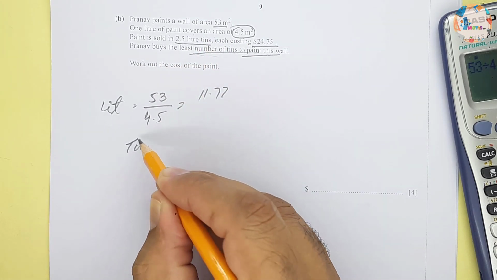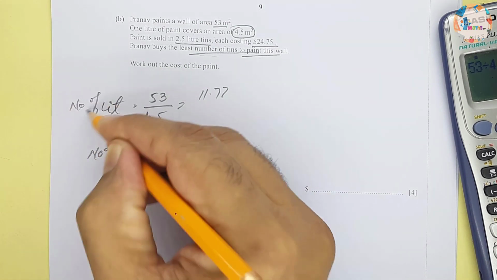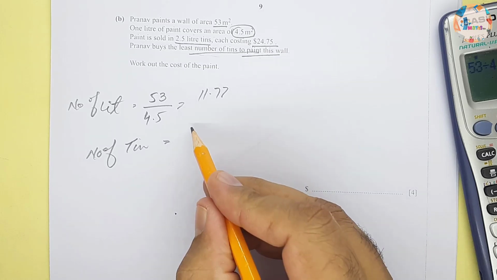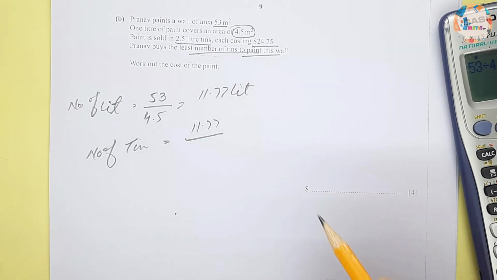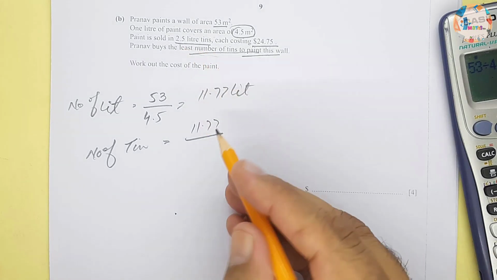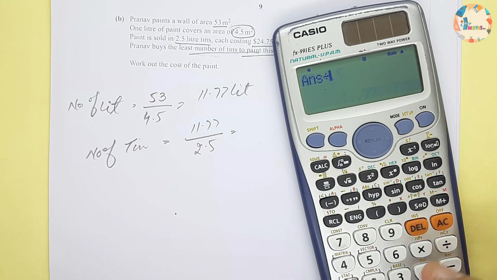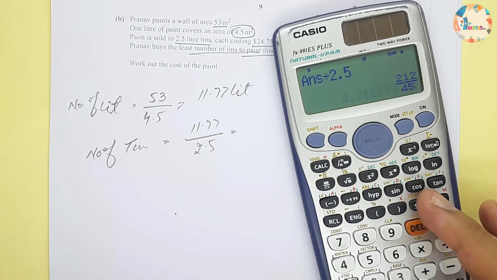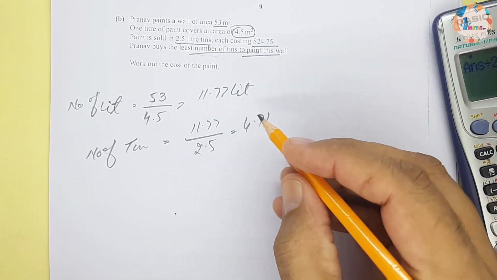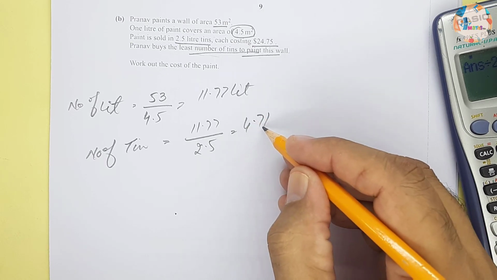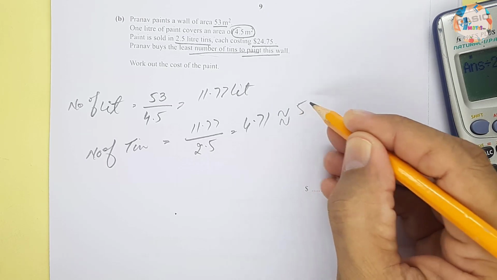So number of tins: this is number of liters, so number of tins will be equal to 11.77 divided by 2.5, which will give us 4.71, but we cannot buy 4.71, we'll have to round it, and it will be rounded to 5 tins.